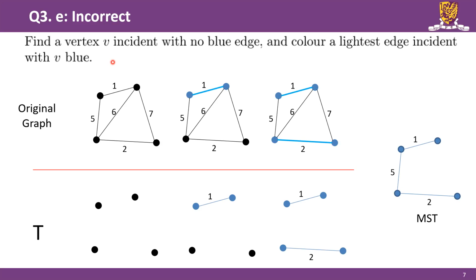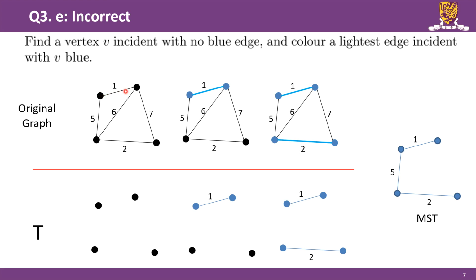Question 3E is also incorrect. The algorithm is: find some vertex that is not incident with any blue edge, and color the lightest edge incident with that vertex blue.